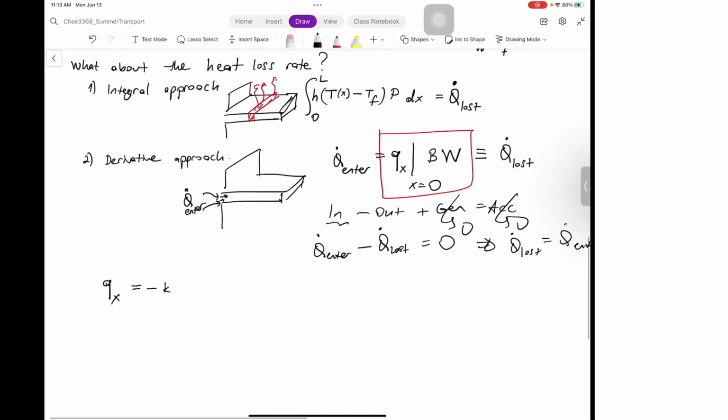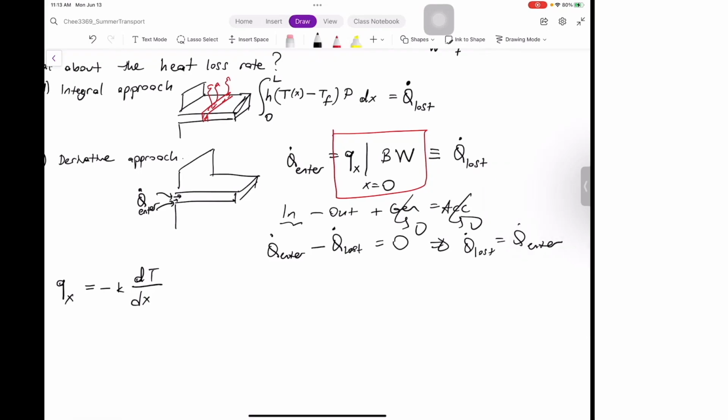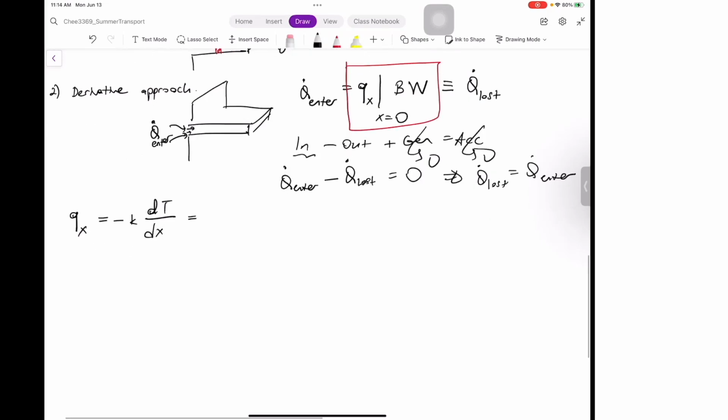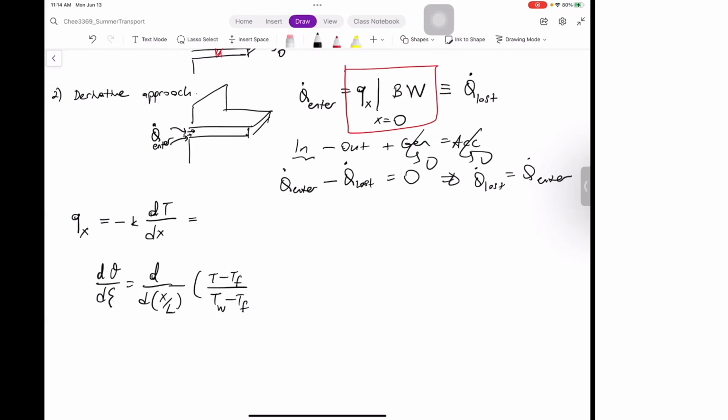Qx is nothing but minus k dT over dx, and you can convert the dT over dx into d theta over d psi by doing the following. d theta over d psi is d over d x over L. Theta is T minus Tf over Tw minus Tf.